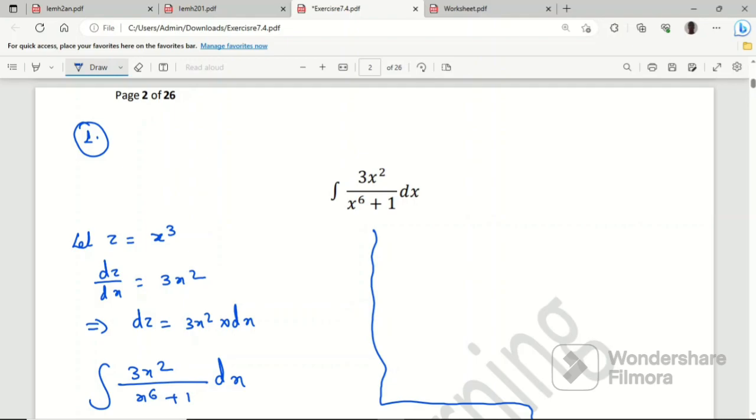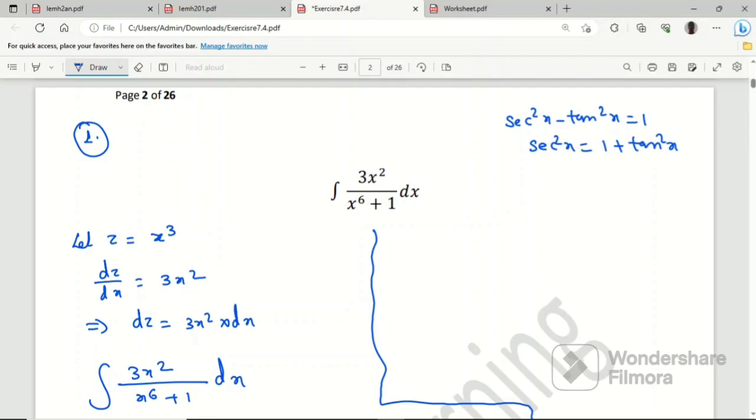So let's try by trigonometric identities. What we can use, we have one formula, sec square x minus tan square x is equal to 1. Can I use this? I can try this. Sec square x equal to 1 plus tan square x we can write.